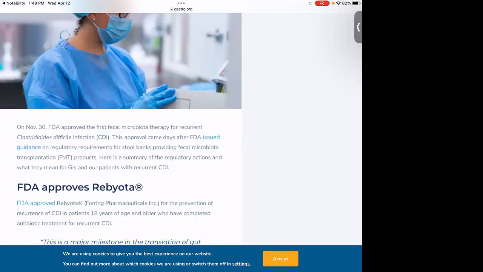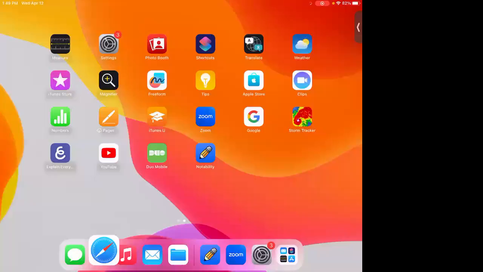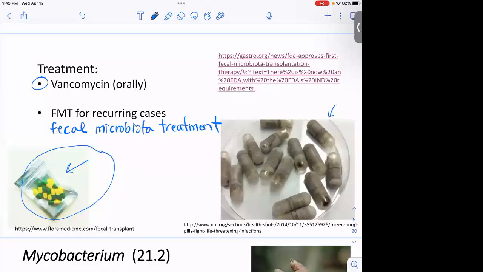So somebody's making money off of fecal donors now. So it may become more and more common. All right, so when the antibiotics don't work, we try to repopulate. Okay.